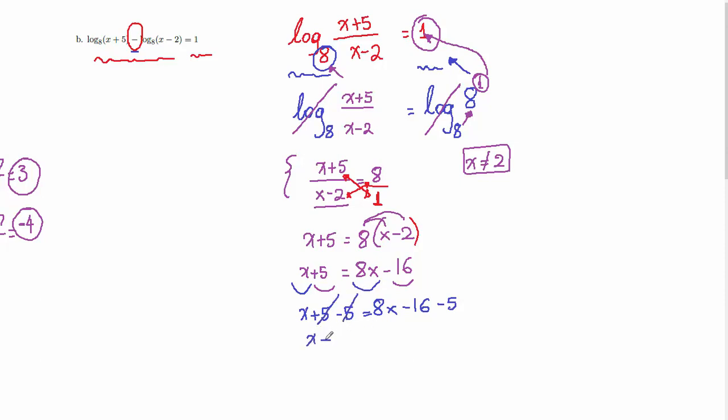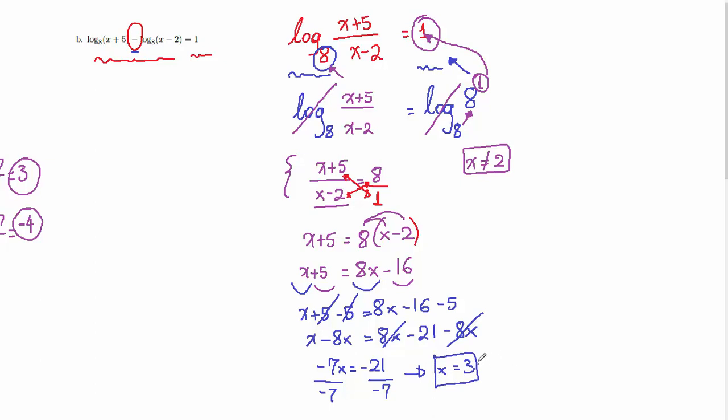And then I will subtract 8x from both sides of the equation. In this way, I simplify the 8x from here. So I have now negative 7x equals negative 21. I divide both sides by the coefficient of x. And this gives me x equals 3.